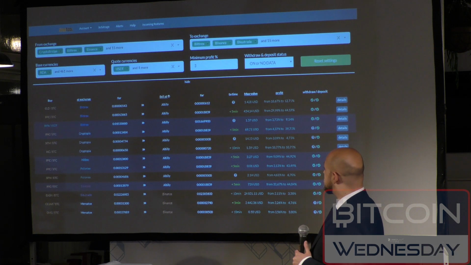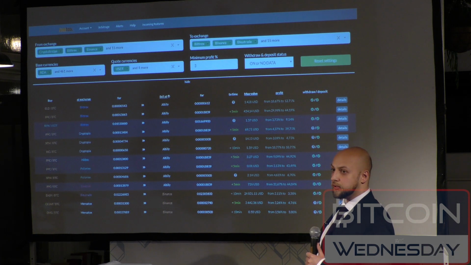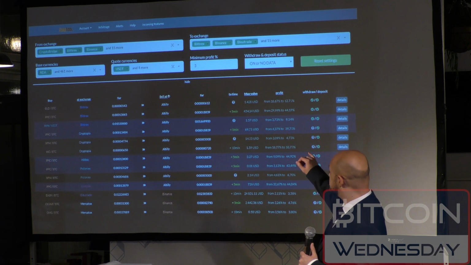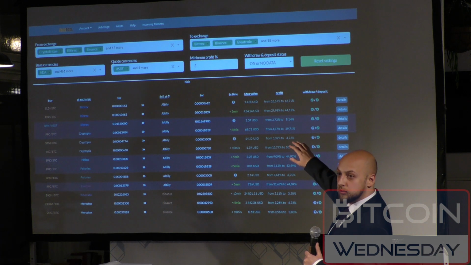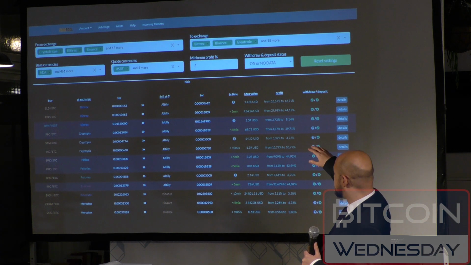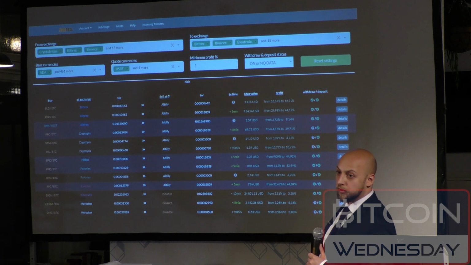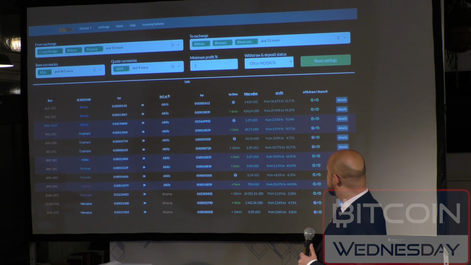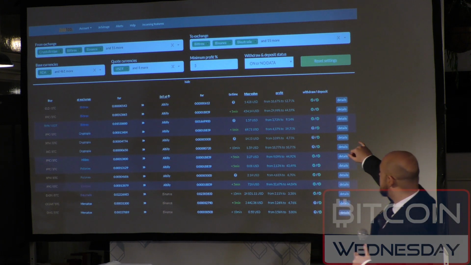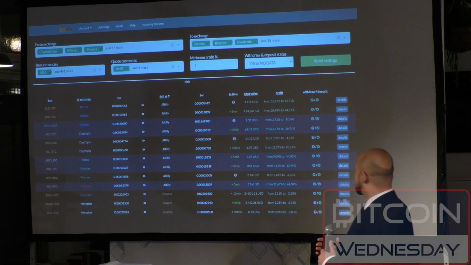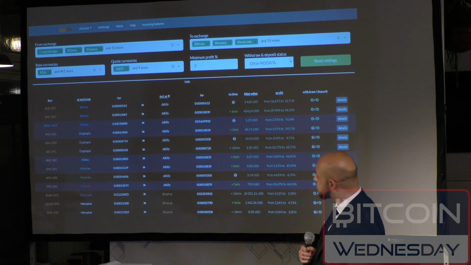So you can be sure that you can transfer this amount of coins, and your minimum profit from it, if you transfer this $1,400, you can be sure that you will make 10% of it. And you can see the withdraw and deposit status of the wallet on both exchanges.